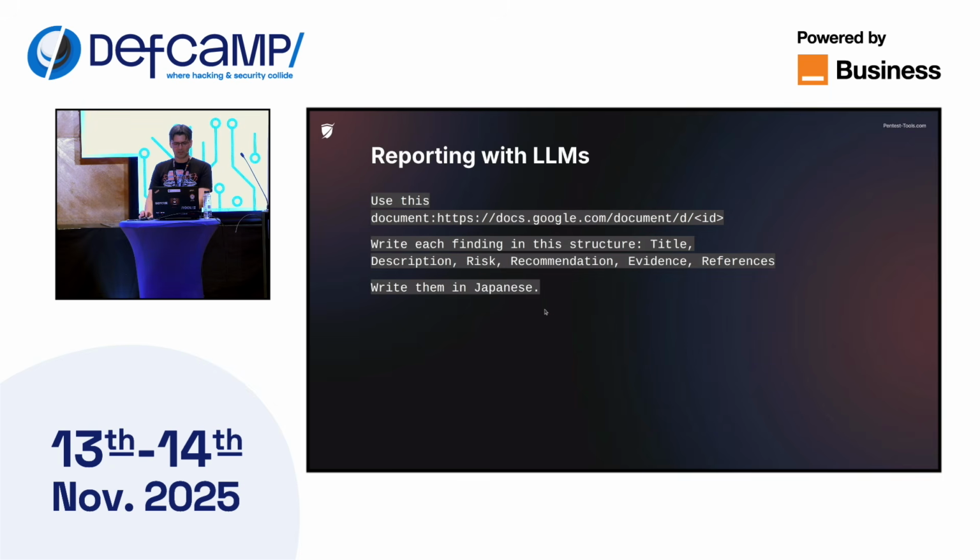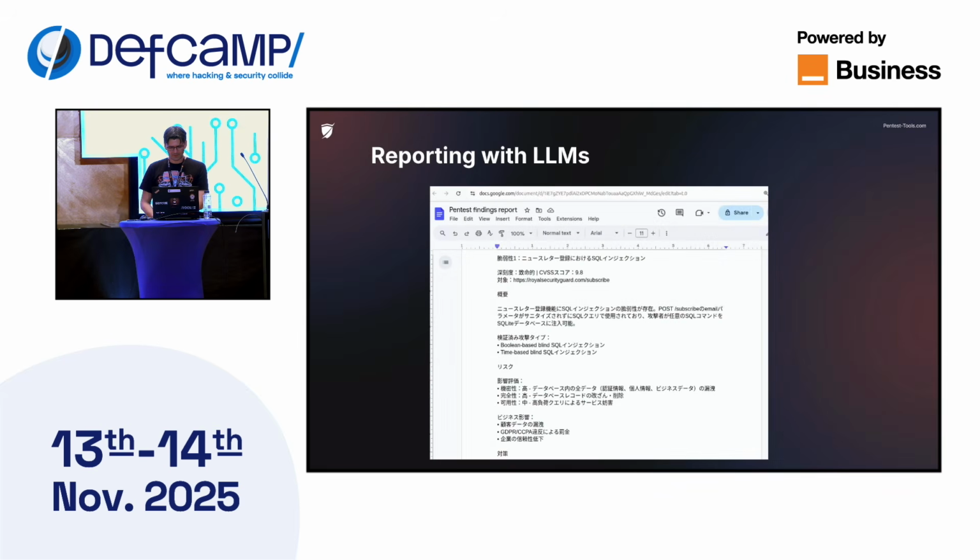Since we already discovered some vulnerabilities with Claude, here is this document where we want to work, and say, write each finding following this structure: title, description, risk, recommendation, evidence, references, and so on. And why not write them in Japanese? Because you can. So you will see very easily how a Google Doc gets populated with everything you want in the format that you want.